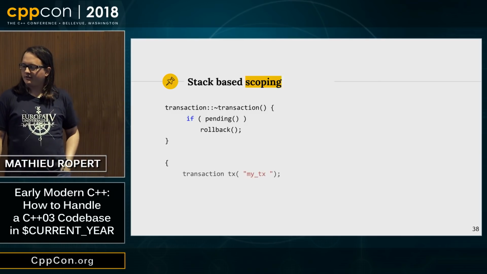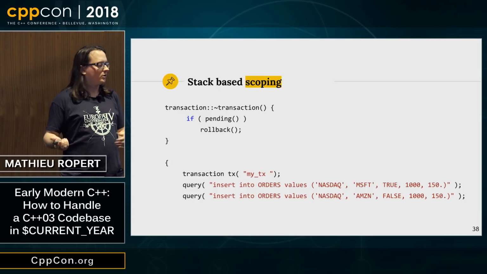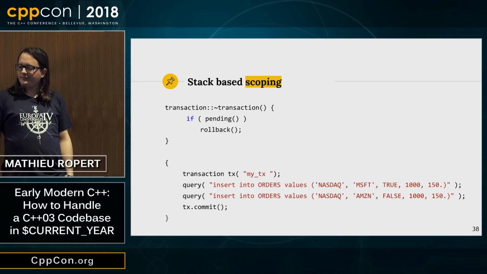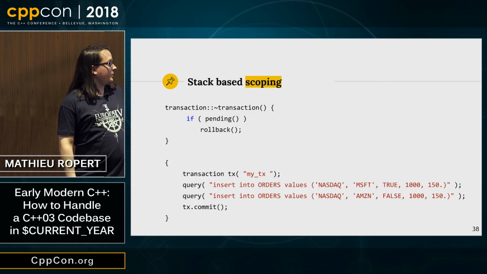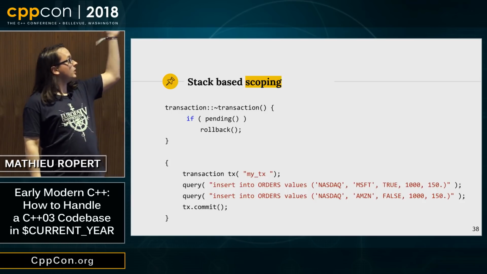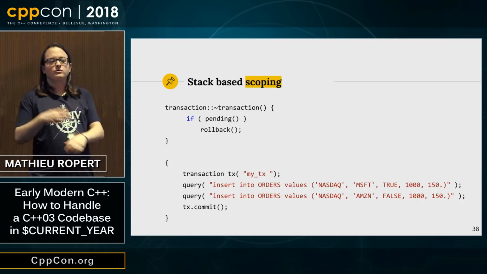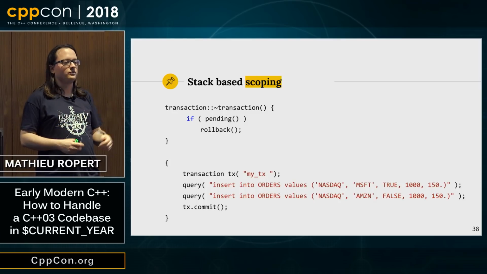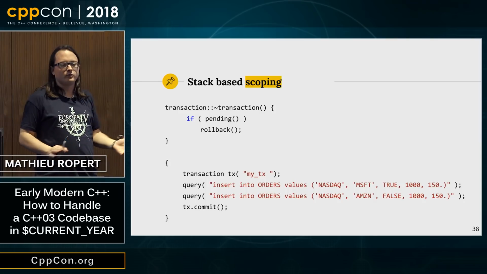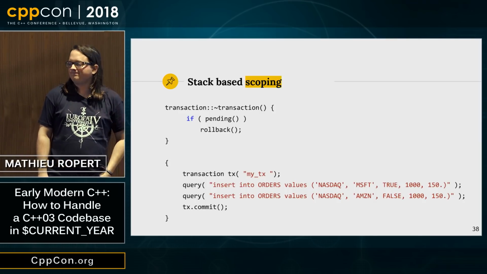And then if I start doing some SQL, I can run a bunch of queries, and if something goes wrong and for some reason I just exit the function, well, if I actually reach the path where I run commit, the transaction will be run on the DB, and if not, the destructor of transaction will call rollback, which enables us to write all kinds of code that doesn't have to have a bunch of goto cleanup at the end or some other terrible pattern that we've seen and are usually bug-prone.